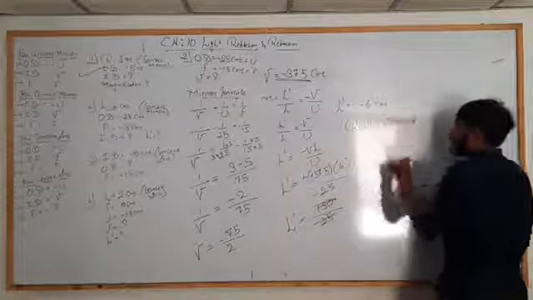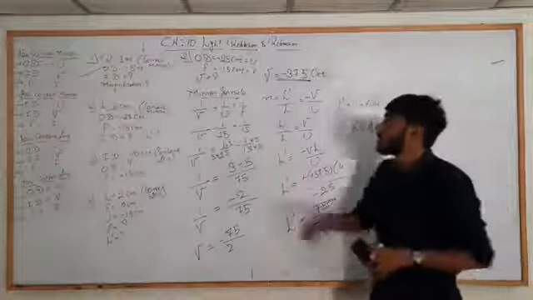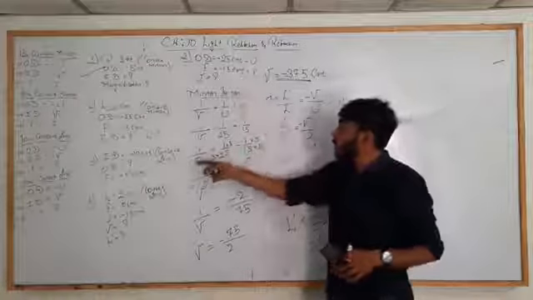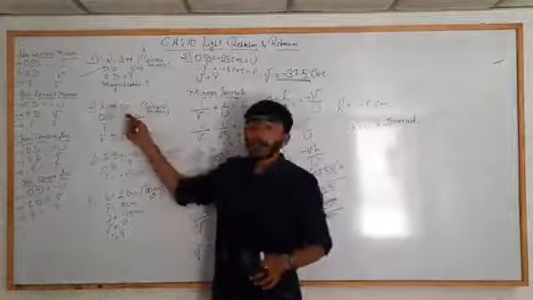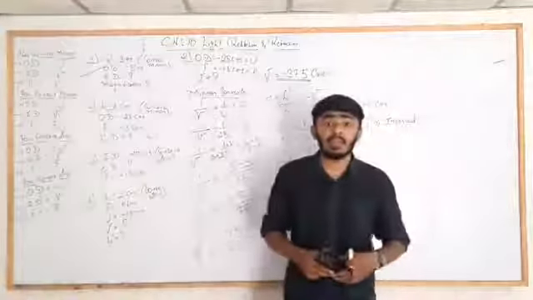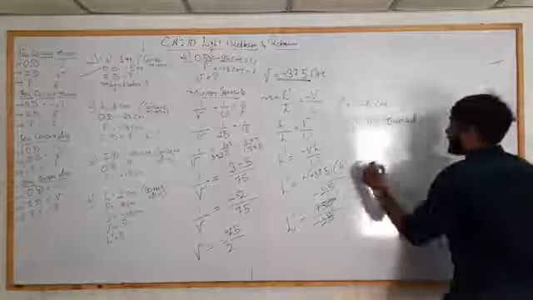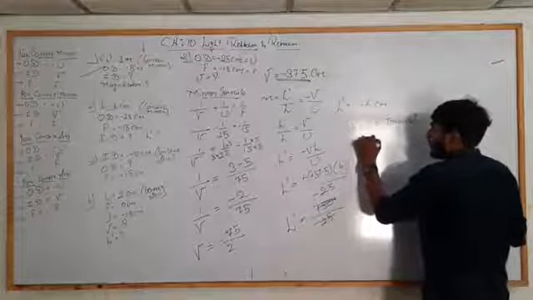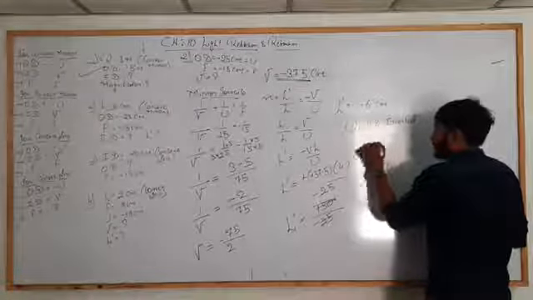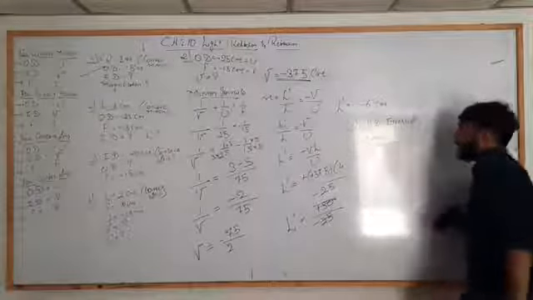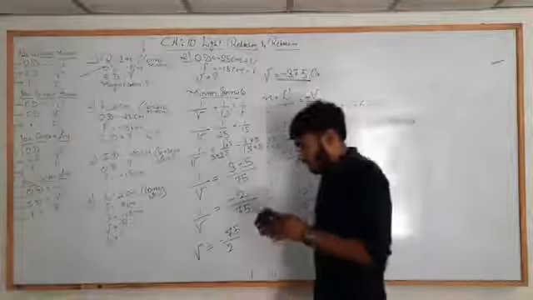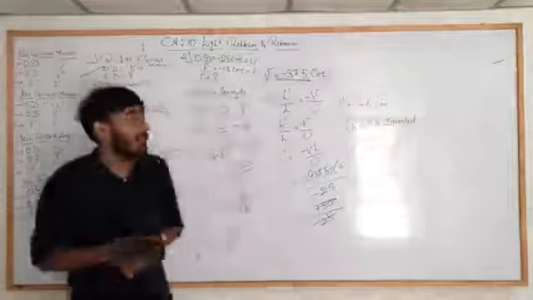You can also see that the object height was 4 centimeter, but the image height has increased, and so we can write that it is enlarged. Real and inverted, enlarged. So this is our final answer.